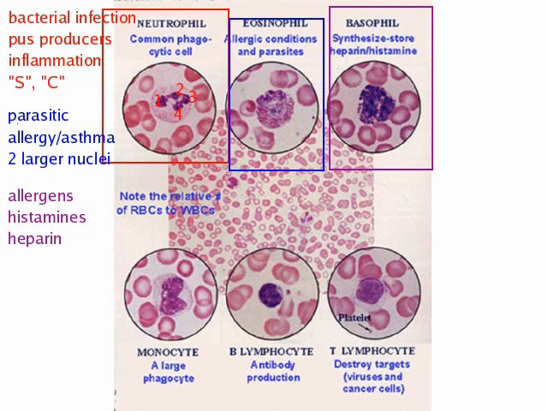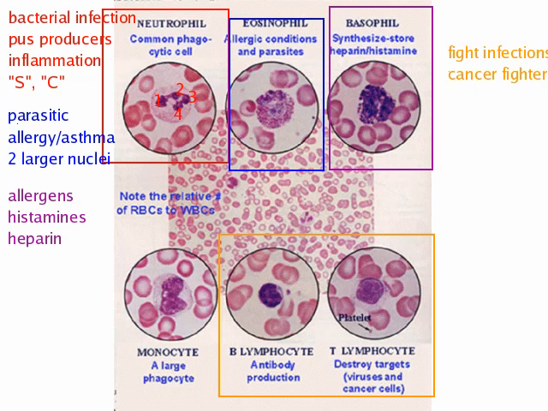Next, we're going to jump over to the lymphocytes. We're going to leave the monocytes for last. Lymphocytes are present for fighting infections. They are also the cancer fighters.